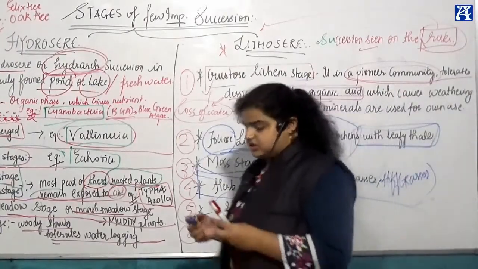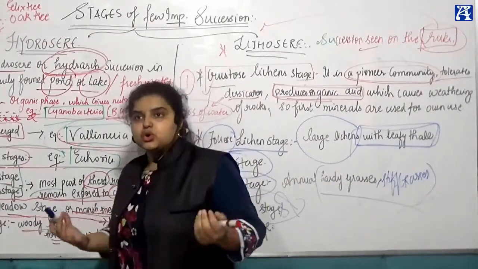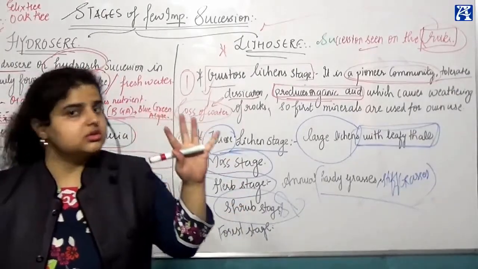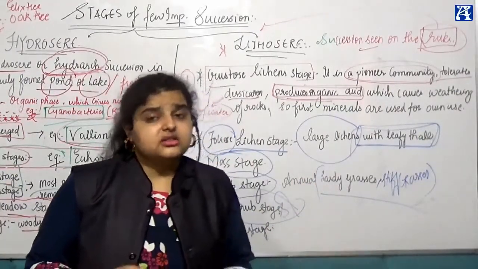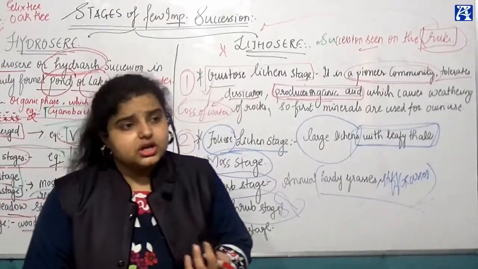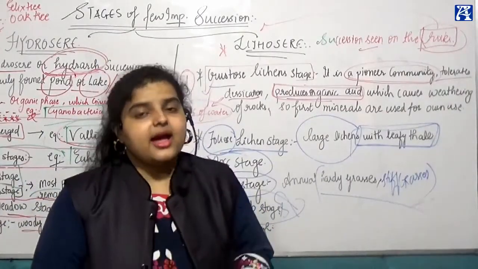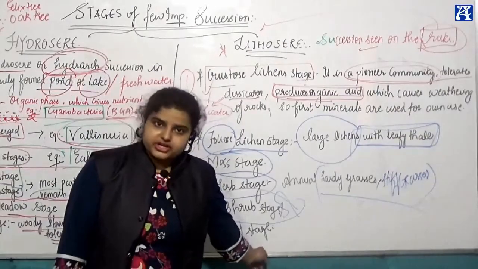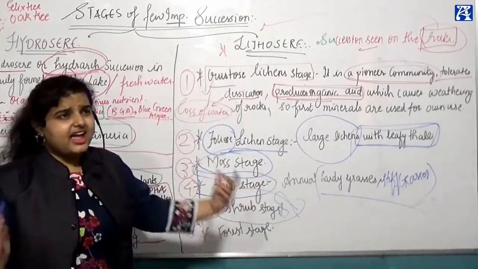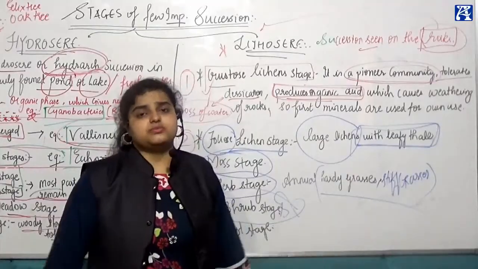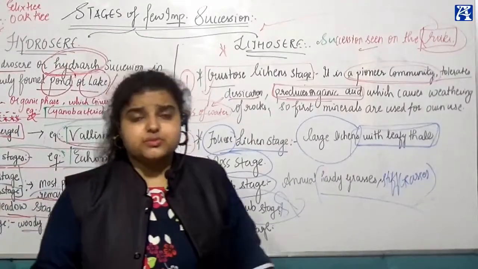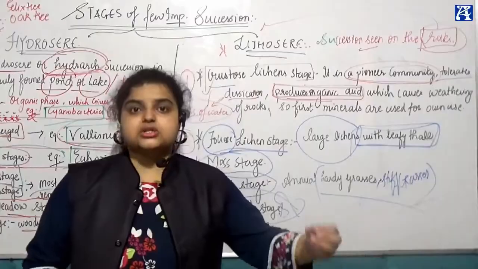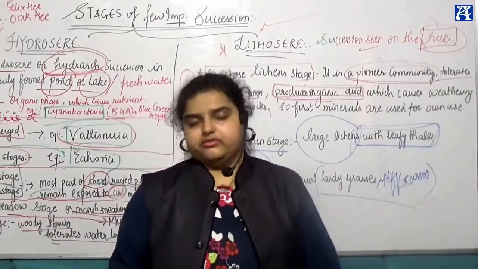The shrub stage is the small plant which grows after humus formation in the soil. These shrubs can be seen even in floating water. These shrubs can be seen in the soil, and many more. Okay, and then the last but not the least, our forest stage. You can take any forest plant, any deciduous forest plant, tropical rainforest, any forest.